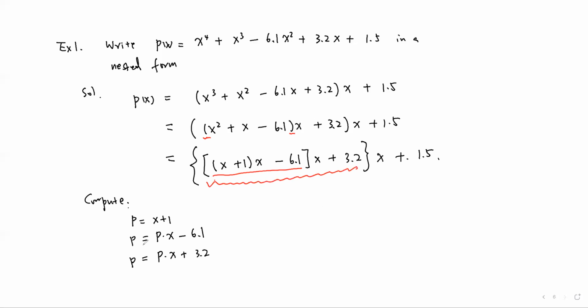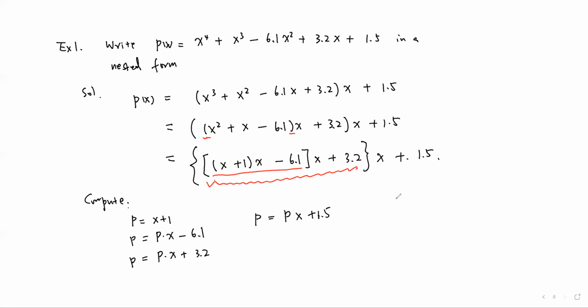Finally, compute P times this x, then plus 1.5 and store the result in P. Then this P is the value of this polynomial at the number x.